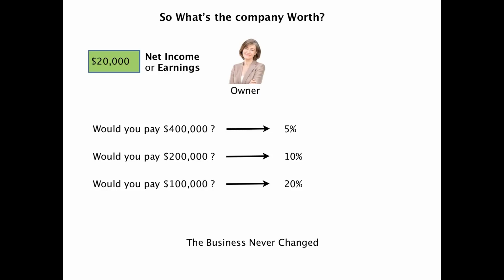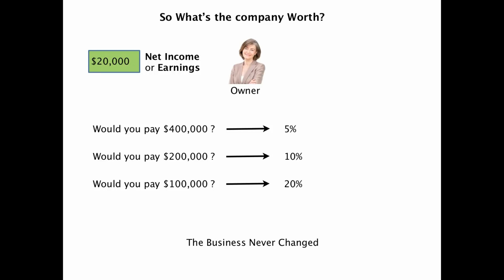If you purchased this ice cream stand and everything was running smoothly, like a top with no problems, you could expect a 5% return on that investment, because you're going to get $20,000 at the end of 1 year and you paid $400,000 for it.